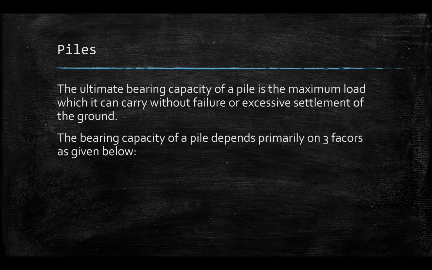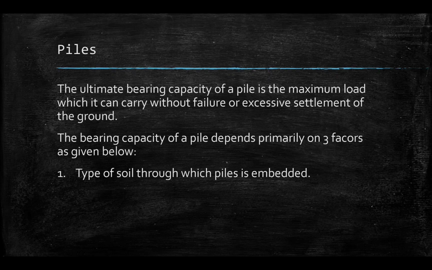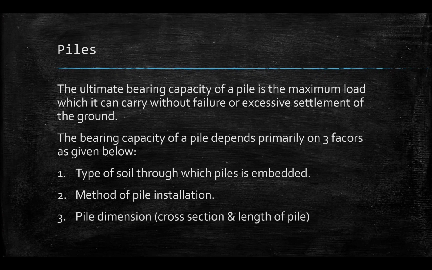So, the bearing capacity of a pile depends primarily on three factors as given below. Number 1 is the type of soil through which the pile is embedded. Number 2 is the method of pile installation. And number 3 is the pile dimension, the cross-section and the length of the pile.